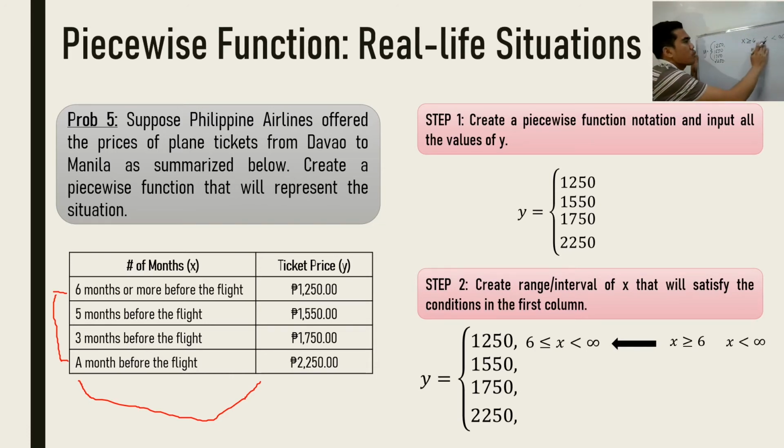If you try to translate this equation, X is greater than or equal to 6, but X is less than positive infinity.